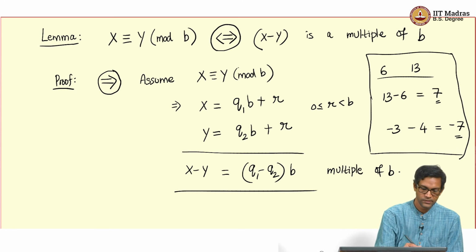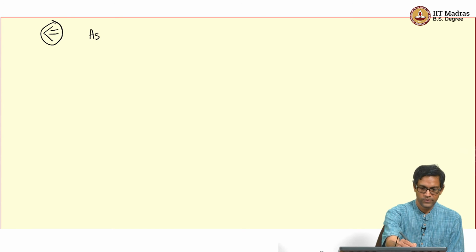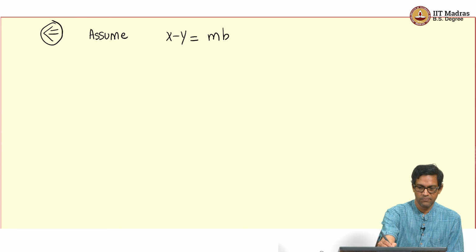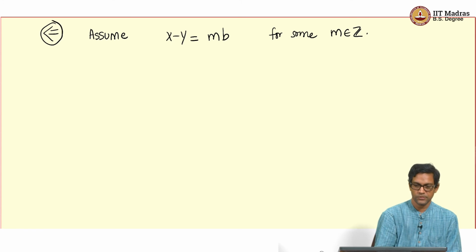So, let us prove the converse. For the converse, what is given, we can assume that the difference is a multiple of b. So, let us say it is some m times b for some number m in Z, for some integer.